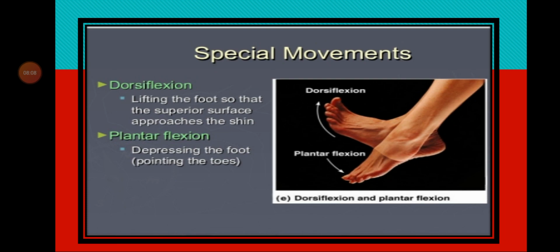Then the special movements: dorsiflexion, lifting the foot so that the superior surface approaches the shin is called dorsiflexion. And again, plantar flexion is also there, that is depressing the foot, that is moving the leg down to form the straight line, that we call plantar flexion.